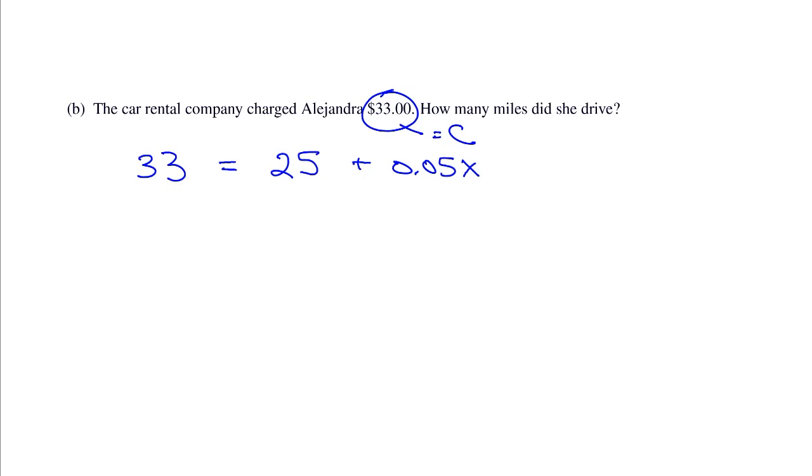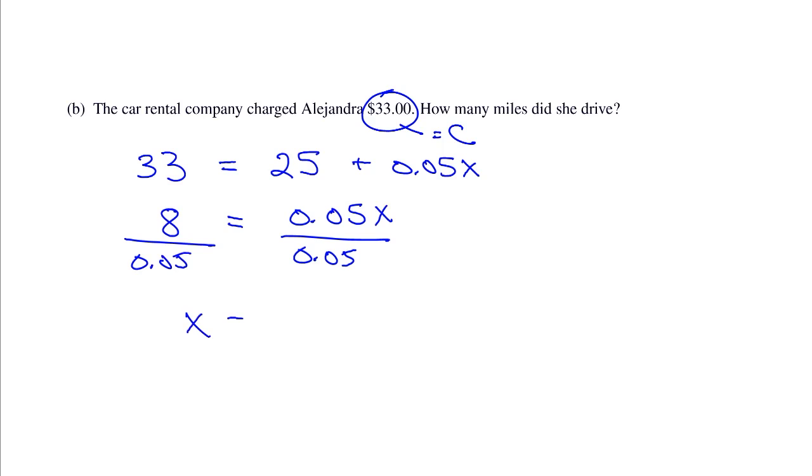Move the 25 over. 33 minus 25 is 8. And then divide both sides by 0.05. And we get x is equal to 160. X represents the number of miles driven in the car rental, so that's 160 miles.